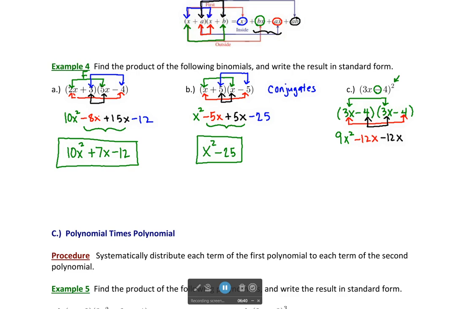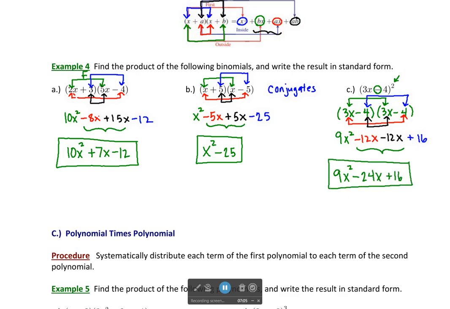And multiplying our last terms together, negative 4 times negative 4 gives us positive 16. Now, unlike the last example where our middle terms were the opposite, when you square a binomial, your middle terms are going to match exactly. When we combine like terms, we have 9x squared minus 24x plus 16.